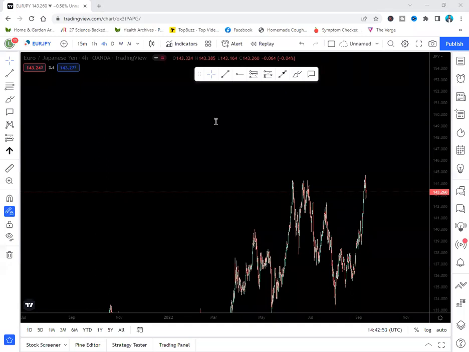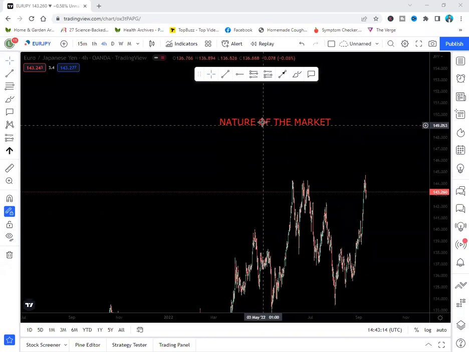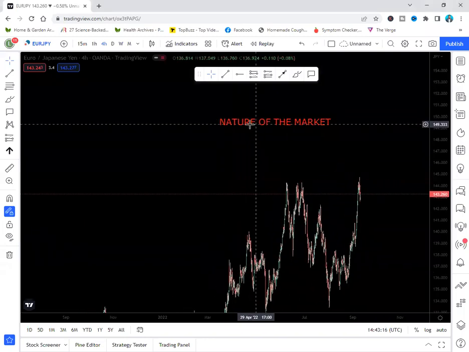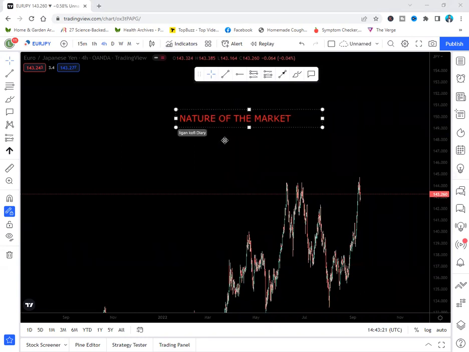You need to understand what is meant by the nature of the forex market. So today we are going to look at only this in terms of trading the naked chart. Once you understand this term, the nature of the market, it will become easy for you. And that must be the beginning.